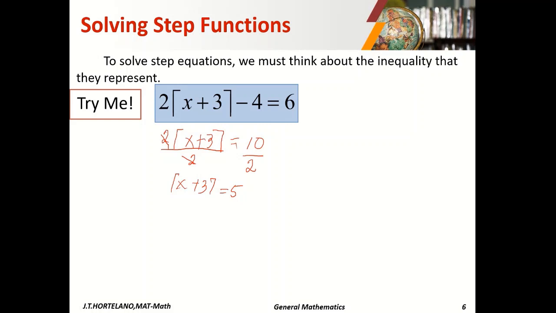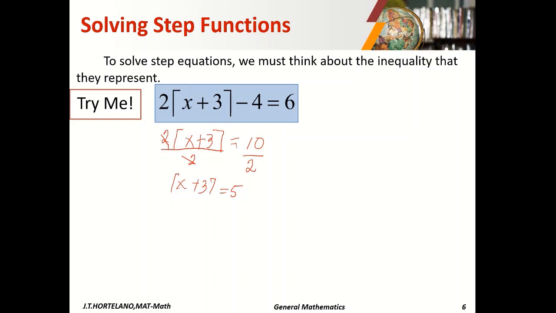So, remember that in our ceiling function, the number always steps up. For example, if you have 3.4, the ceiling of 3.4 is 4. So which numbers have a ceiling of 5? We need to consider those numbers whose ceiling is 5.